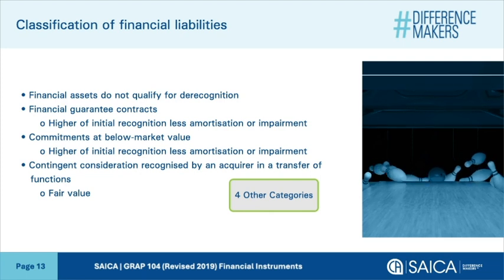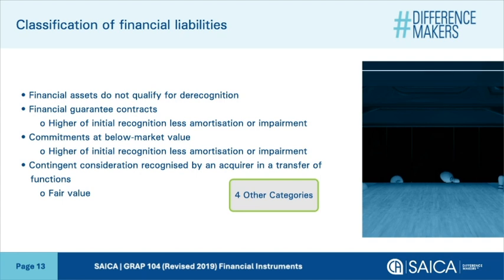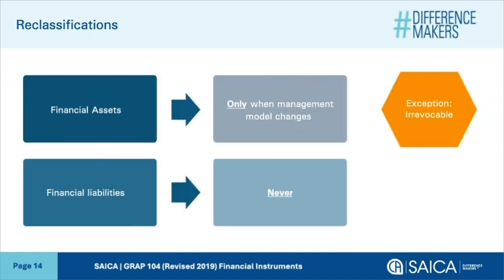Now that we have concluded our discussion on the classification of financial assets and financial liabilities, let us continue our session with the next topic of reclassification. When can financial assets be reclassified?